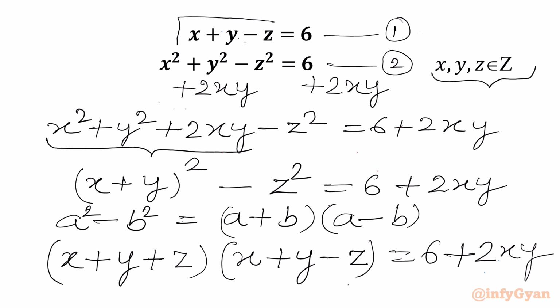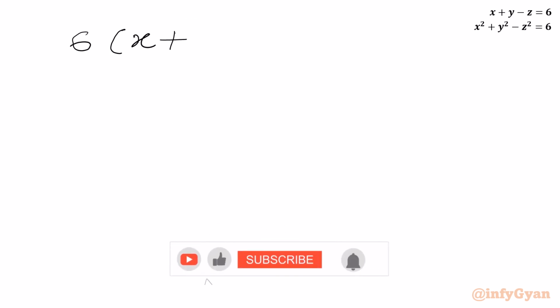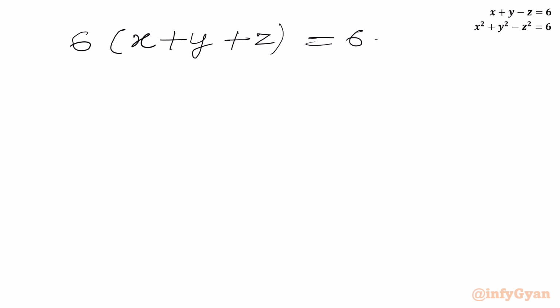Now x plus y minus z is 6. So here we can write 6. Our equation will be 6 times x plus y plus z equal to 6 plus 2xy.